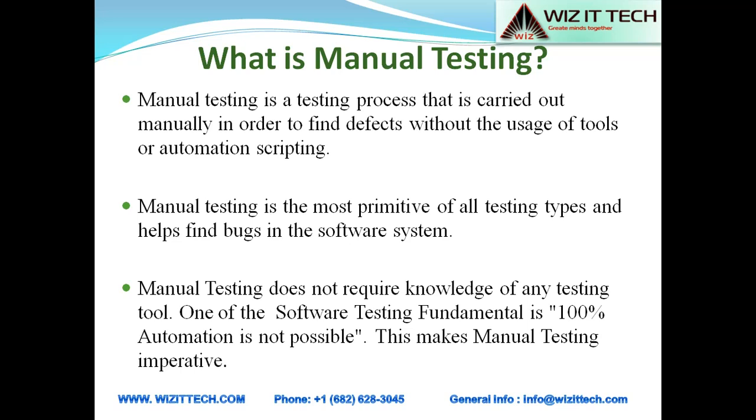We have different types of testing, and in that, manual testing is the most primitive and helps in finding bugs in the software system. Manual testing does not require any programming knowledge or knowledge of any automation tools.